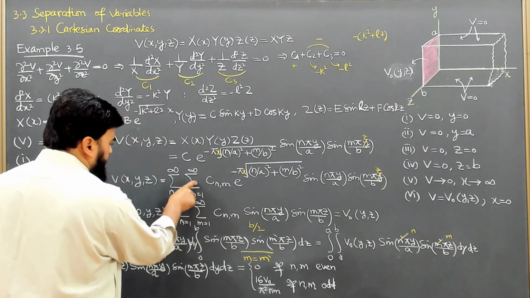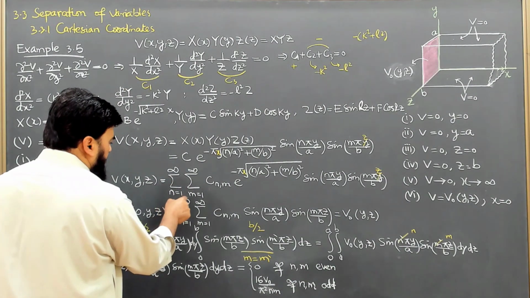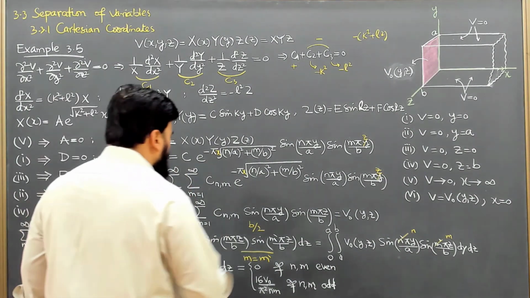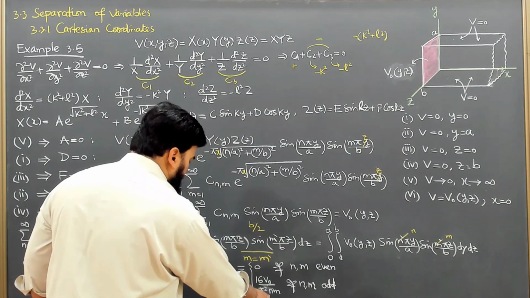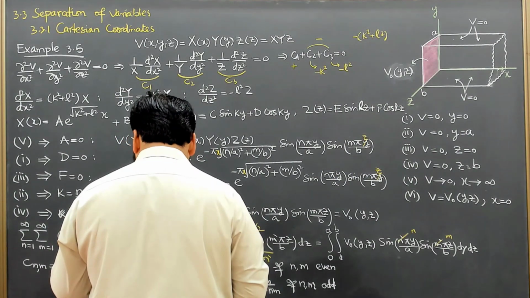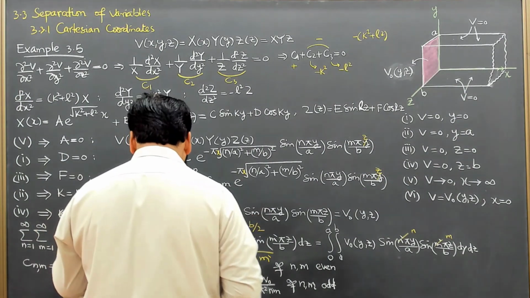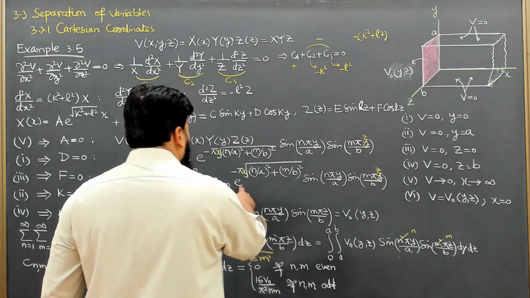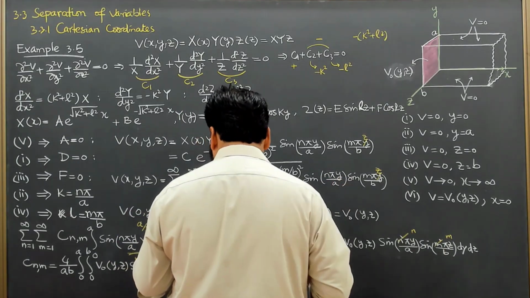We can combine this as summation with n running from 1 and m running from 1 to infinity, and the c_nm value comes as 16 V naught over pi square. It will be outside of the summation because it's a constant, while nm will come into the summation, and then e to the minus pi x over a, and sine n pi y over a, and all this.